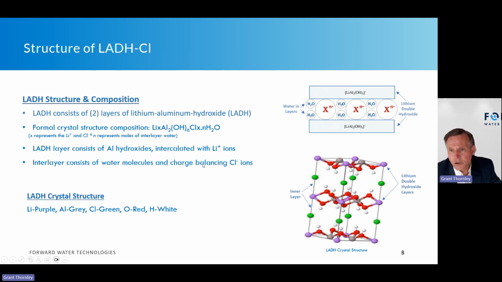The inner layer molecule is charge balanced. When lithium ions come in, one of the important aspects of the inner layer is that as lithium ions come on, chloride ions come in. Lithium is a cation, chloride is an anion. Why am I stressing that? It's because you want to make sure that the structure is always charge balanced.